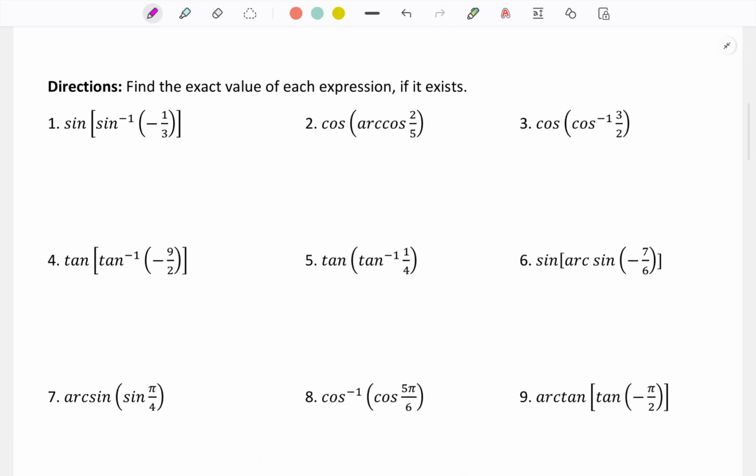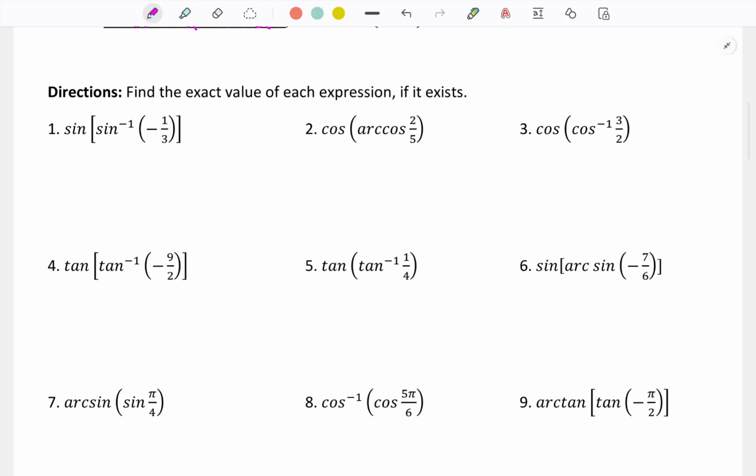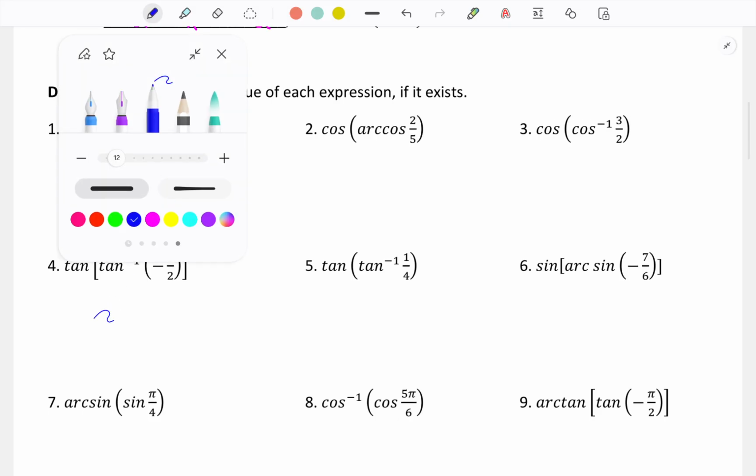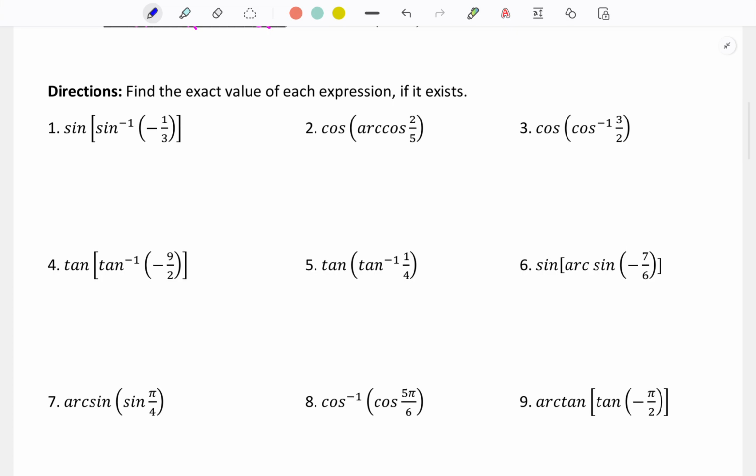So let's go ahead and look at some of these values. Remember, when looking at compositions like this, always check your domain first and make sure you are within it.